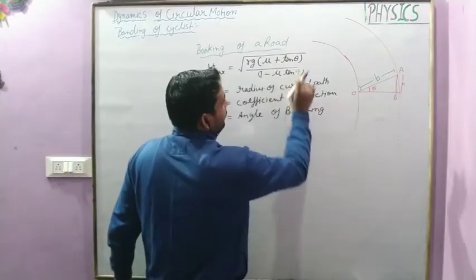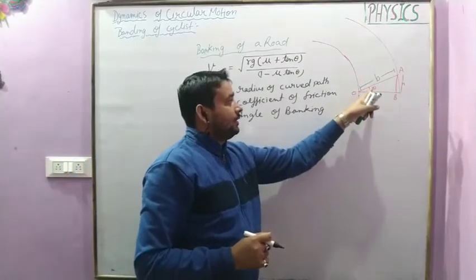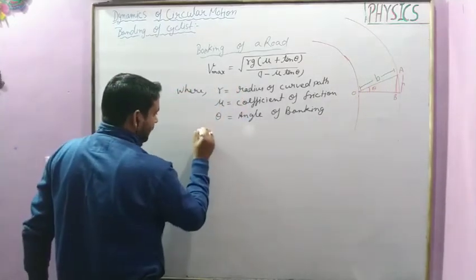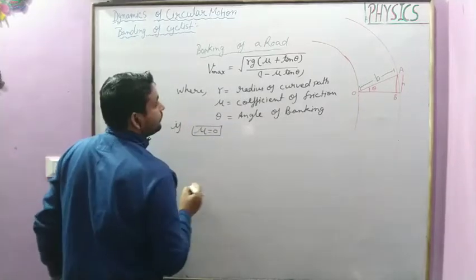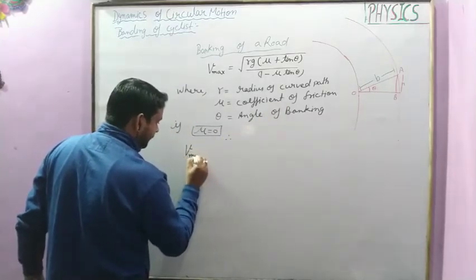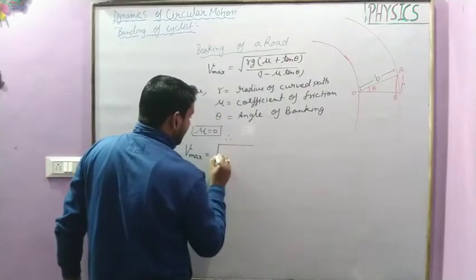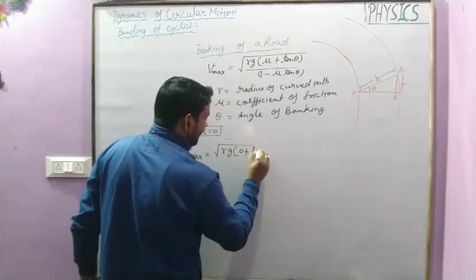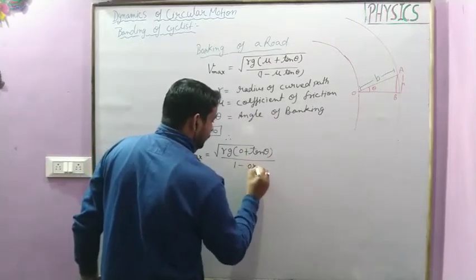Now, if the kinetic friction between the road and the tires of the vehicle is 0, then we get the maximum velocity equal to the square root of rg (0 plus tan theta) upon (1 minus 0 into tan theta).